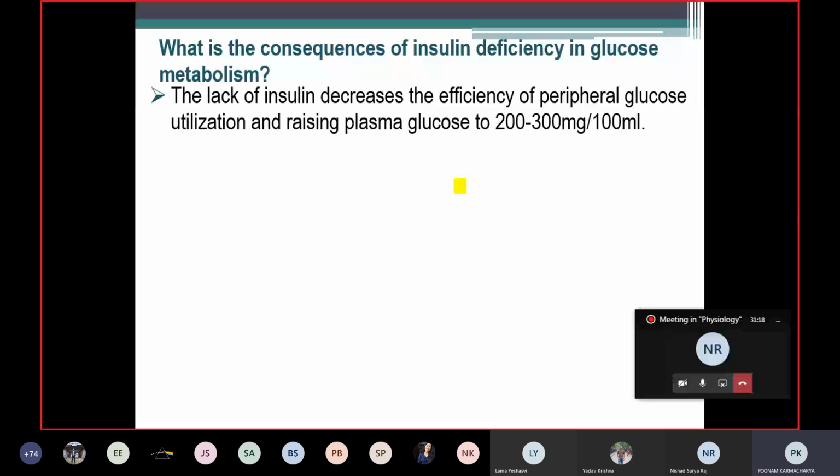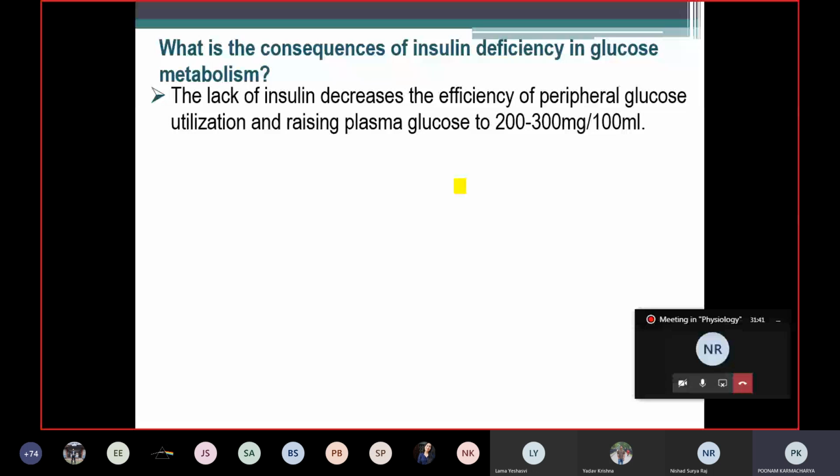So there will be decreased utilization of glucose by the cells of our body, and because of that, the plasma glucose will rise from 200 to 300 milligram per 100 ml. It can even go higher over a longer duration of time, right? So there will be increased glucose concentration in the blood because of the decreased utilization of glucose.